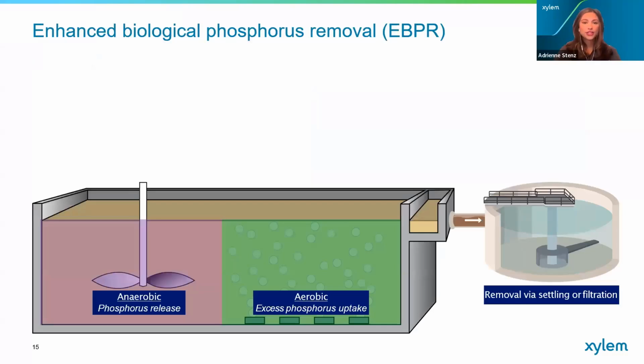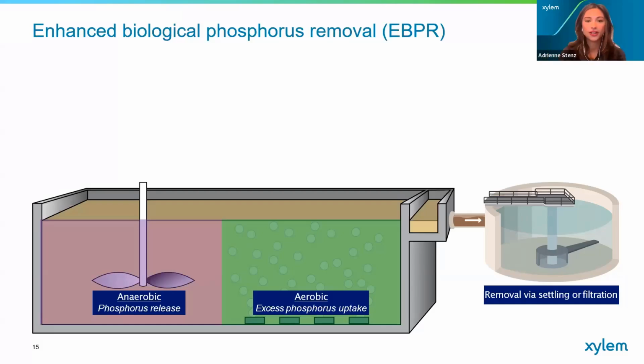All right, let's move on to the second strategy for phosphorus removal, which is enhanced biological phosphorus removal, EBPR. EBPR involves creating the right biological conditions for select microbacteria that remove phosphorus from the water.